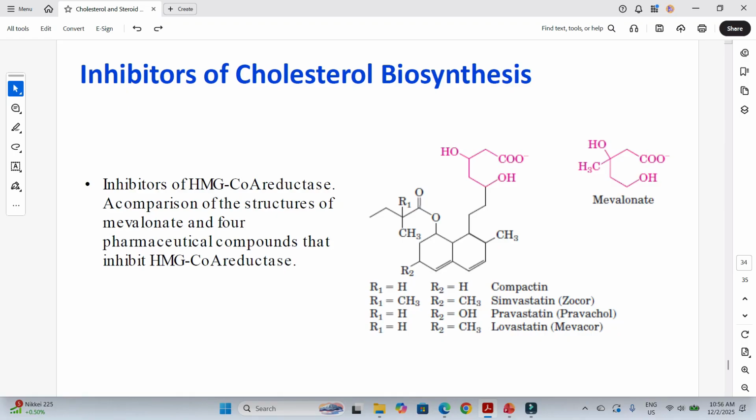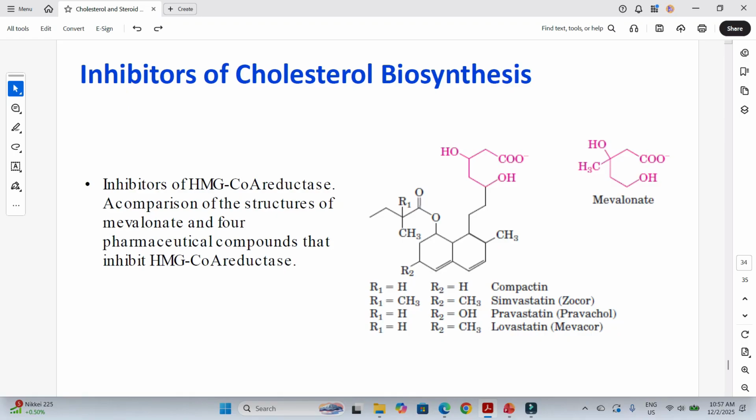Many of the drugs that are administered to patients suffering from elevated levels of cholesterol are actually inhibitors of HMG-CoA reductase. This is a comparison of the structures of mevalonate and 4 pharmaceutical compounds that inhibit HMG-CoA reductase. Here's mevalonate, the natural substrate, and here are the inhibitors.